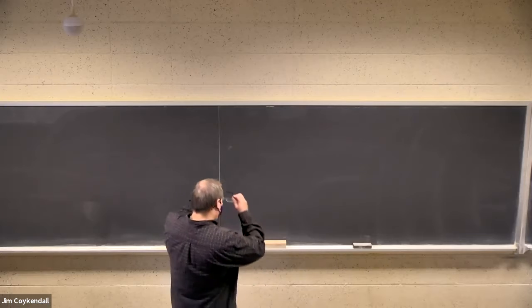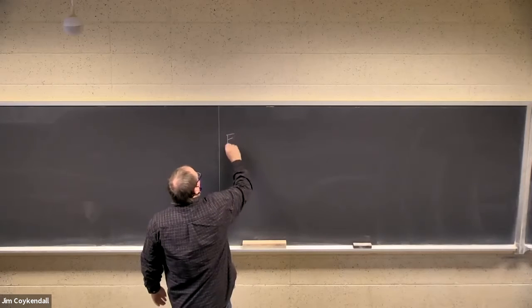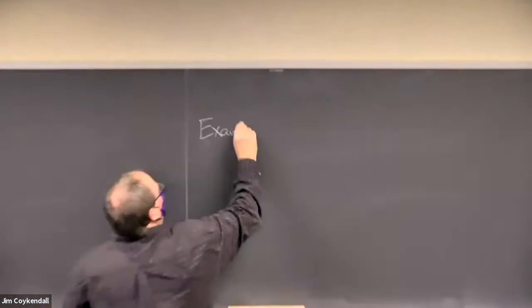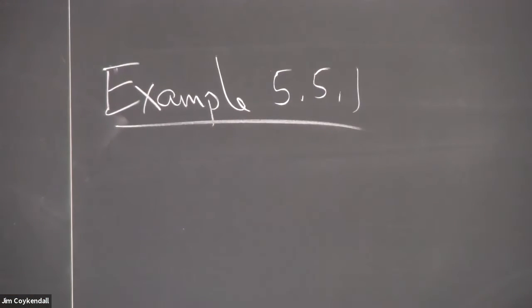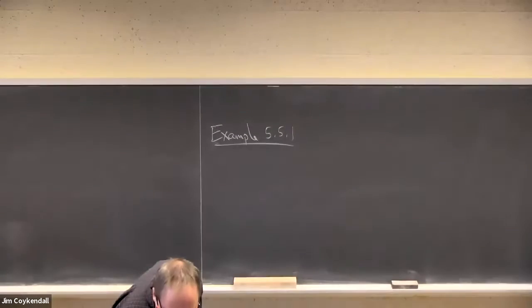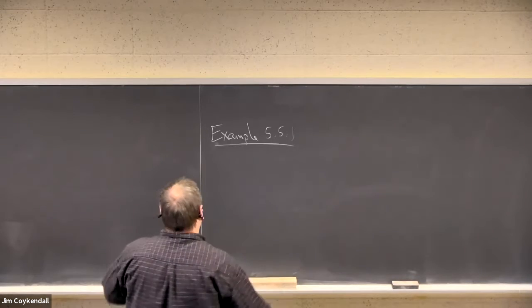So I've got this calculus example. Let's suppose that R is commutative and suppose we have a collection of prime ideals.